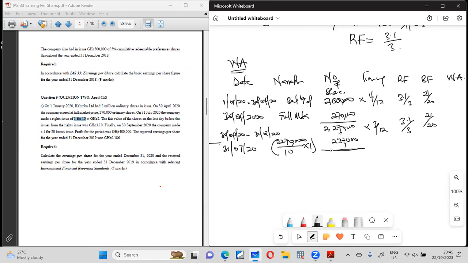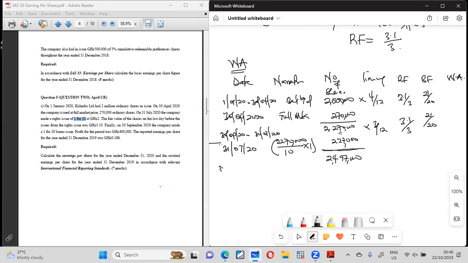So how much will our shares be now? How many would they be now? So you have 2270 plus 227 now. I have 2497. And this 2497 is going to exist to the time another issue was made.